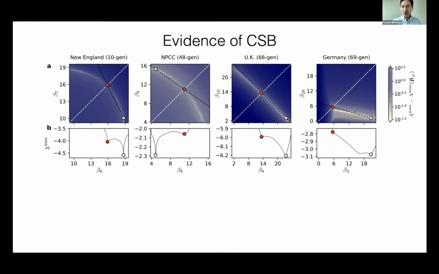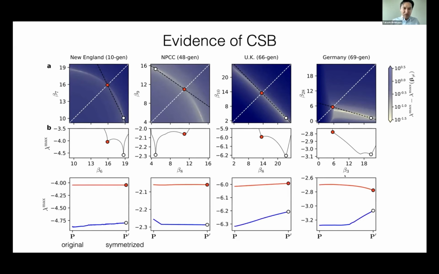And this is true for all those 4 examples here. And if you trace back from the symmetrized version of the coupling back to the original one by interpolating between them, you can see that the gain that you have in stability is actually maintained, at least to a large extent. So this serves as the evidence of CSB in those power grid systems.